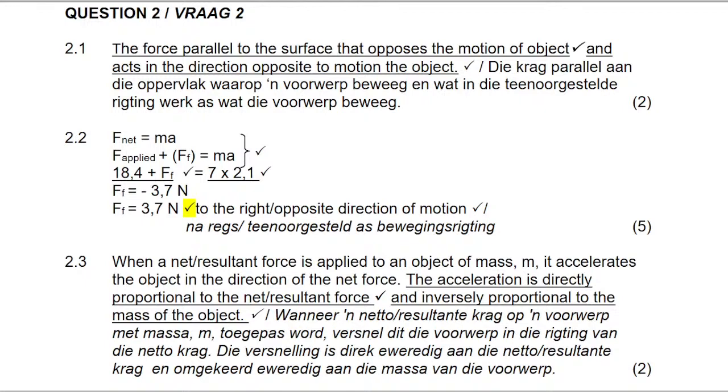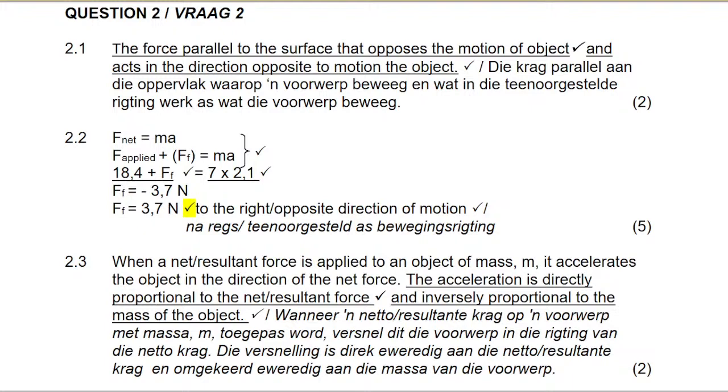So the second question, it says calculate the frictional force between the 7 kilogram block and the surface. So it means the learner has to consider all the forces that are acting on the 7 kilogram block, which is the F net of the forces, the total forces acting. So the F net is made up of the applied force, which is given as 18.4 Newton, and then the frictional force is unknown, and then that object has a mass of 7 kilogram and it accelerates at 2.1.